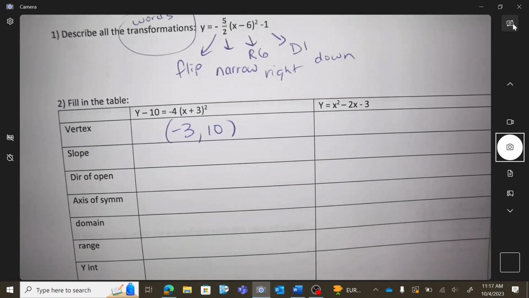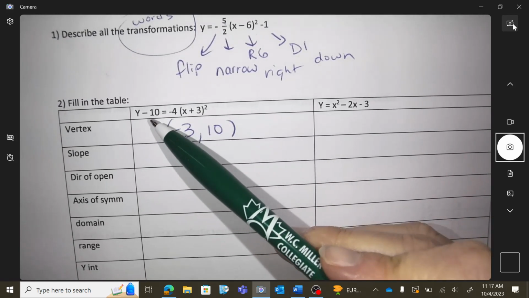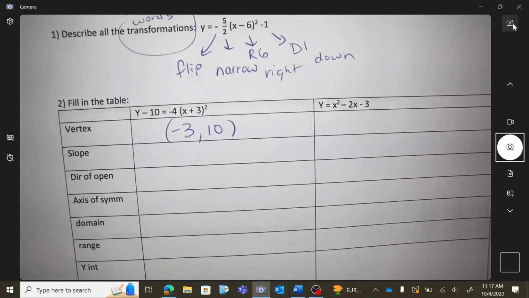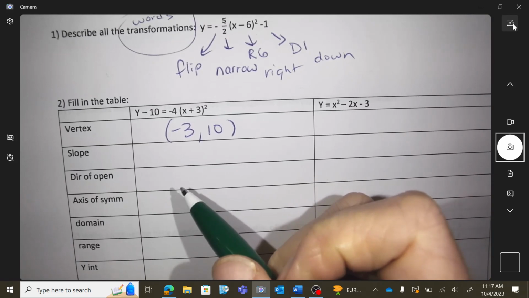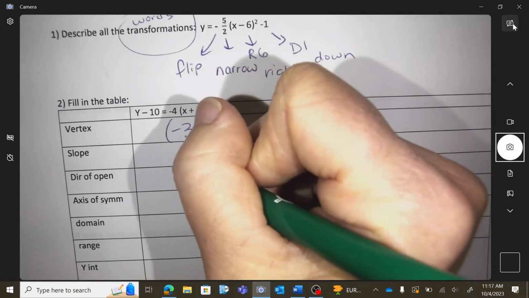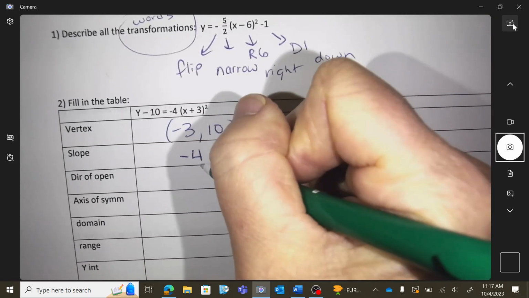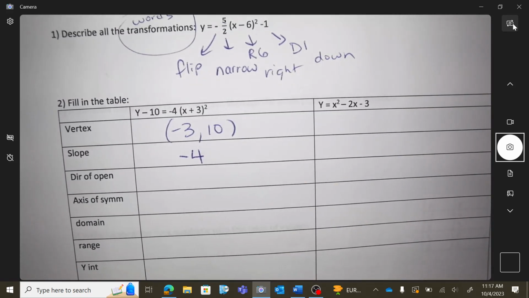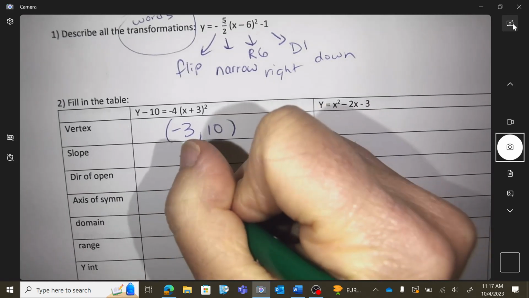And you guys are taking the x part and then the y part, right? In that order. What is the slope? So the multiplier, -4. So which direction is this going to open? Upward or downward? Downward.